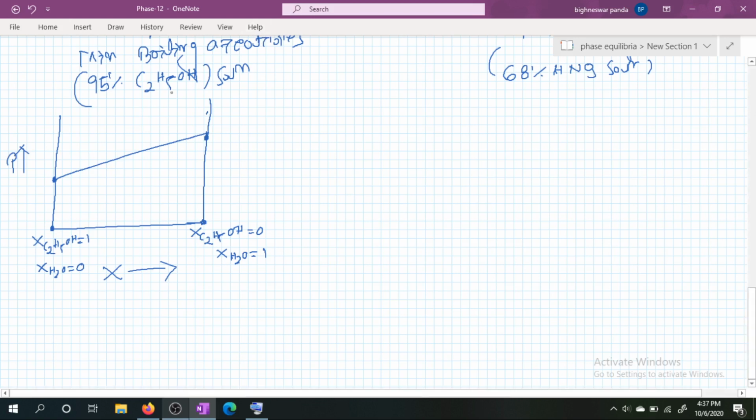But this type of solution, the 95% C2H5OH solution, shows positive deviation. That means when the mole fraction of alcohol is 1, they have a boiling point here, and when the mole fraction of water is 1, they have a boiling point here. If I change the mole fraction, consider here alcohol is present 100%.